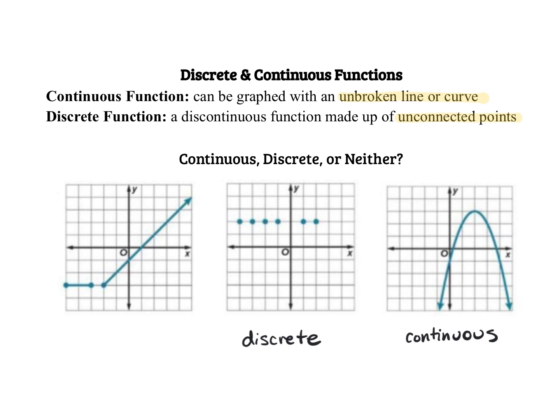It's just unconnected points. Now, if you look at this first graph right here, there are portions that are continuous, but then there's a jump and then it's continuous again. So since it does have that jump, it is discontinuous and it is also not discrete. So this one we would classify as neither. And again, this is just a different way that we can characterize different types of functions.